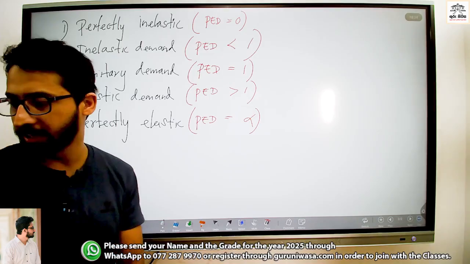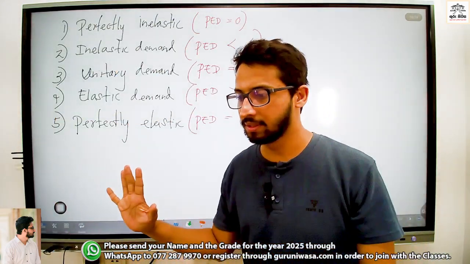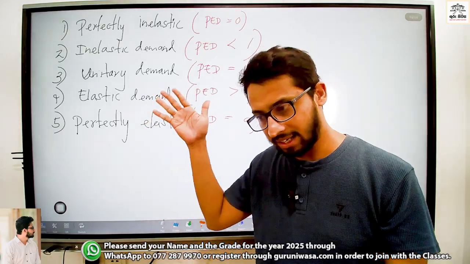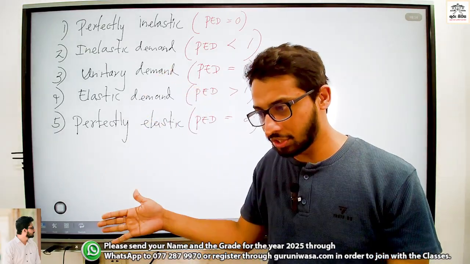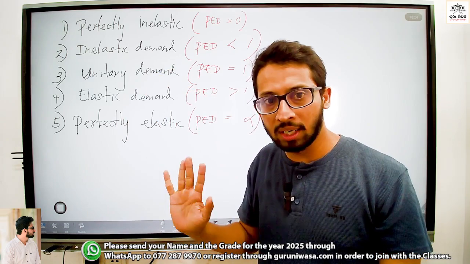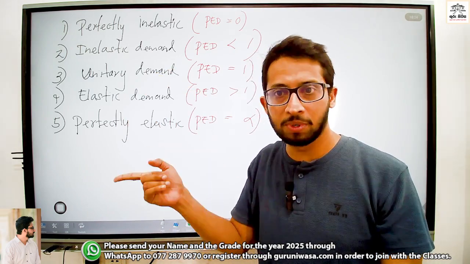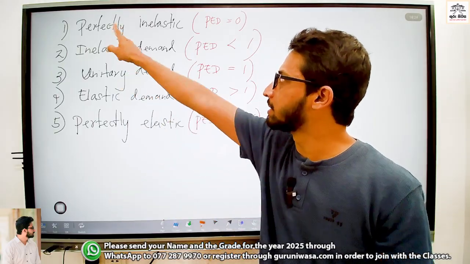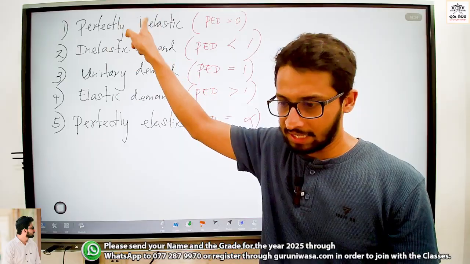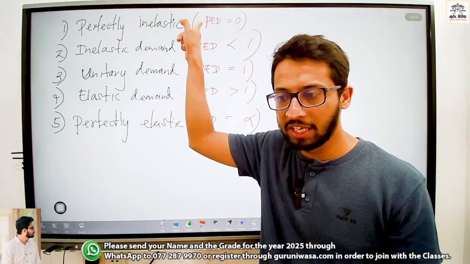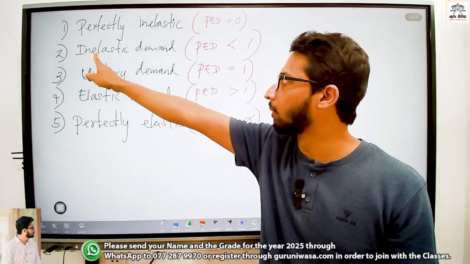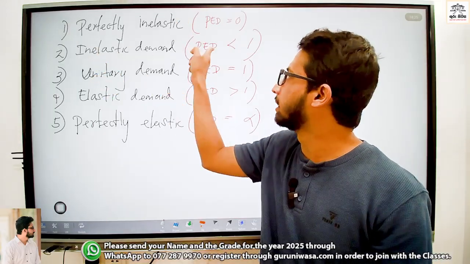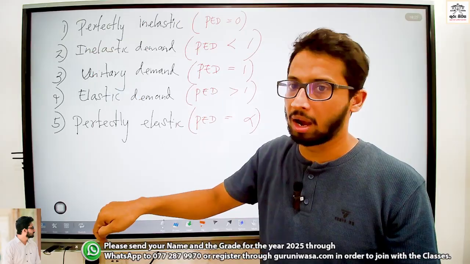Then there are 5 categories. What are the 5 categories? This categorization is based on the PED value coefficient. First one, perfectly inelastic: PED value exactly 0. Second one, inelastic: PED value less than 1.